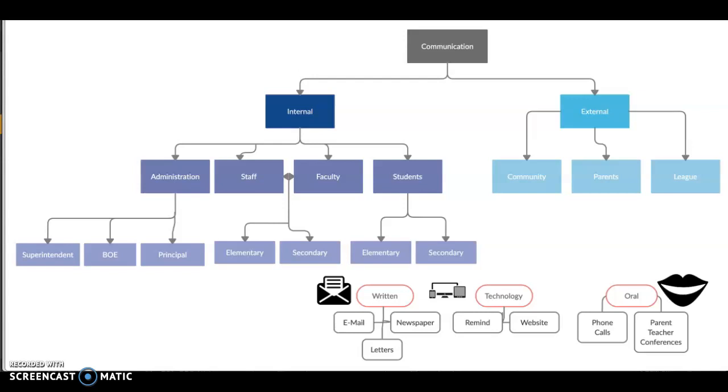The written communication would be things like email, newspaper, and letters. And I know that email could actually be considered technology, but because there is written documentation of what has gone out, I'm going to choose that as a written form.